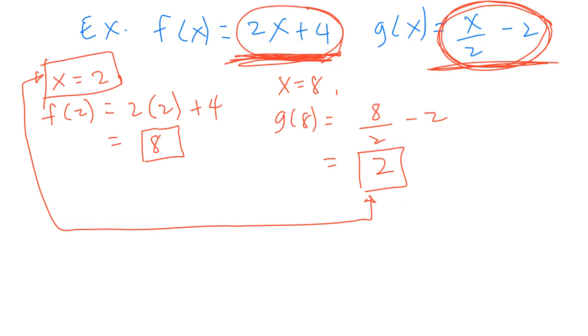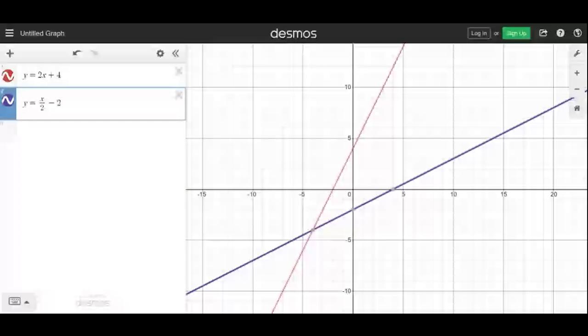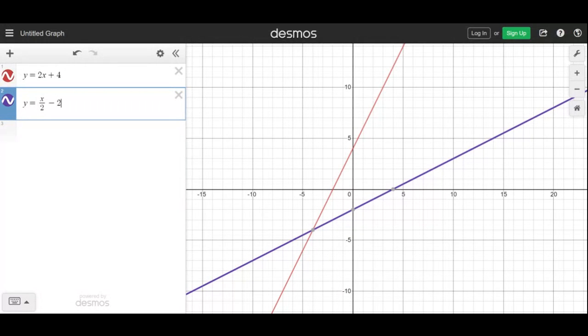Okay, so let's share the graph. Okay, so looking at the graph now, this is our f of x is equal to 2x plus 4. That was our example.